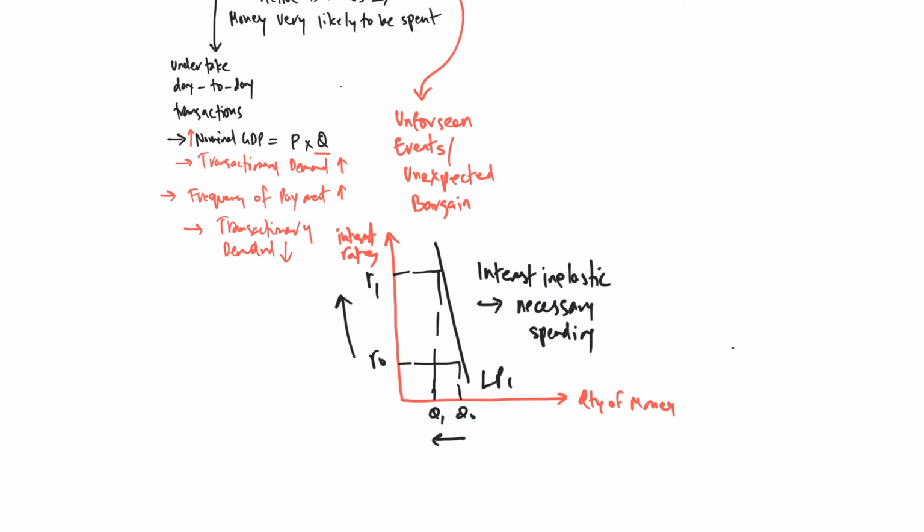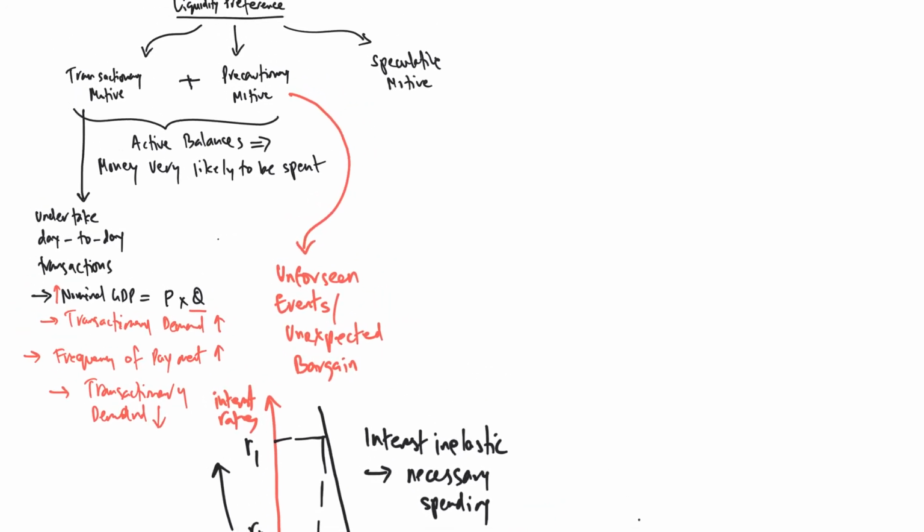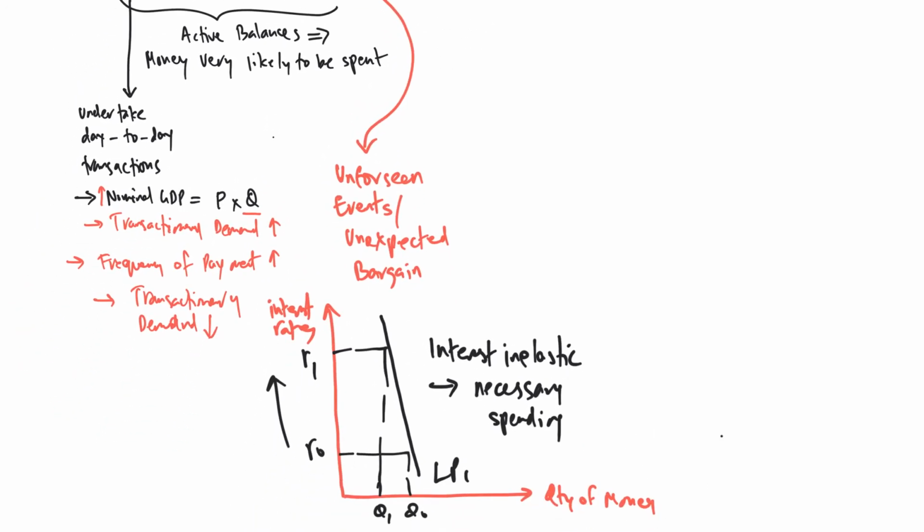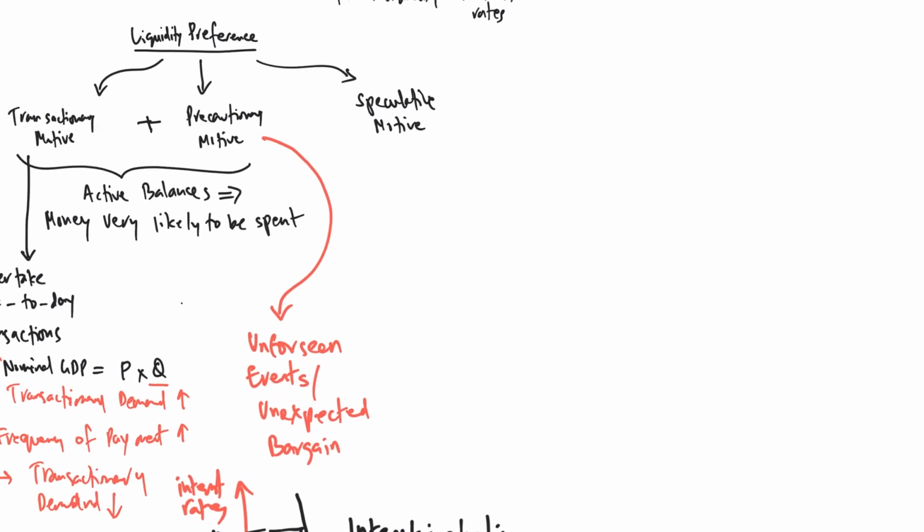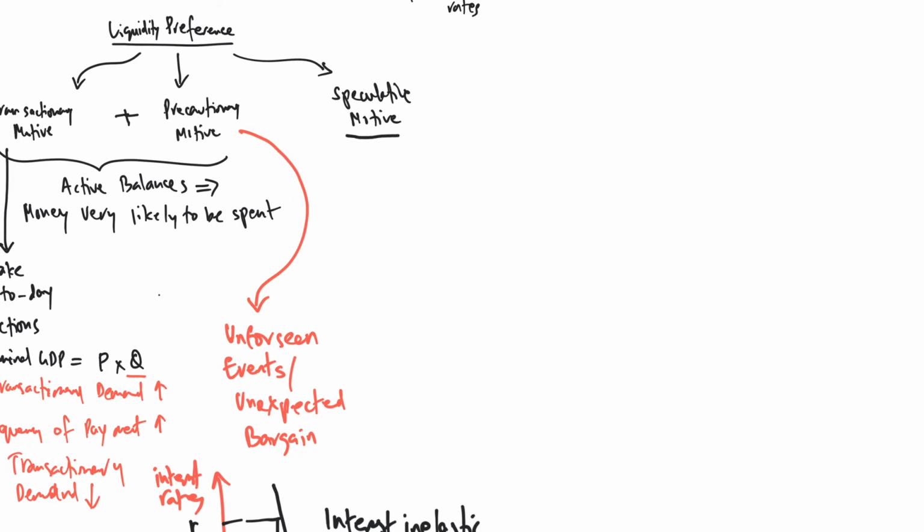Okay. The second thing is basically your speculative motive. Before we talk about speculative demand, what is important to understand is that people sometimes hold money balances because they want to buy financial assets.